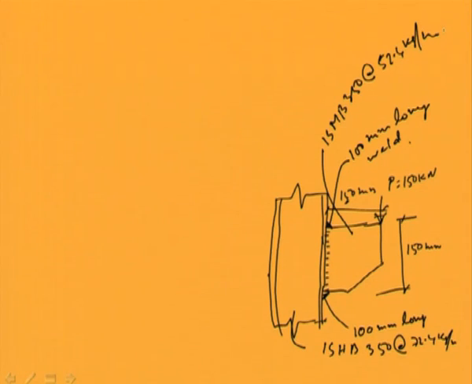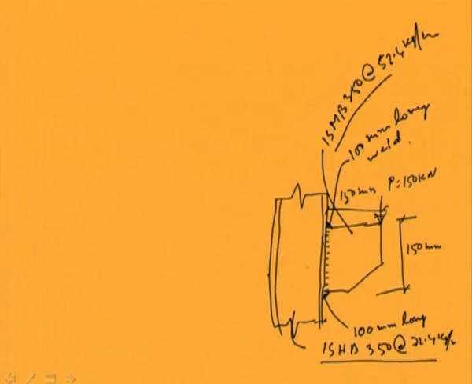So, the question is that the column is of size ISHB 350 at 72.4 kg per meter, and the beam, meaning the bracket plate through which the load is coming, is ISMB 350 at 52.4 kg per meter.